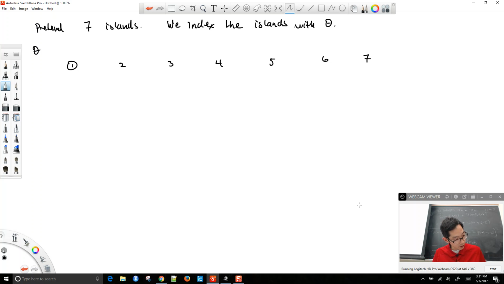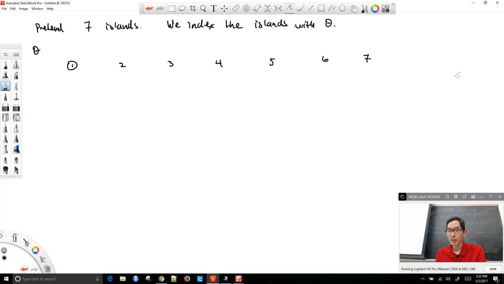And then we'll say the size of the islands. We'll just say the populations of the islands are directly proportional to their index, just to keep it simple.